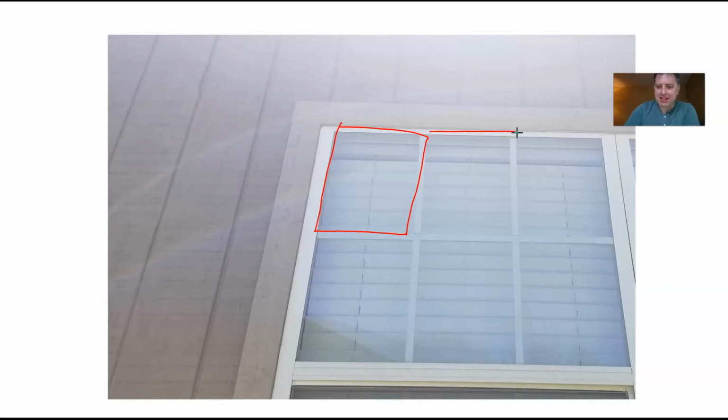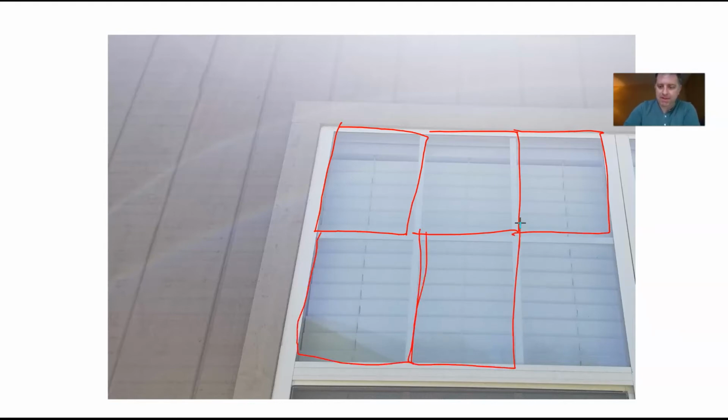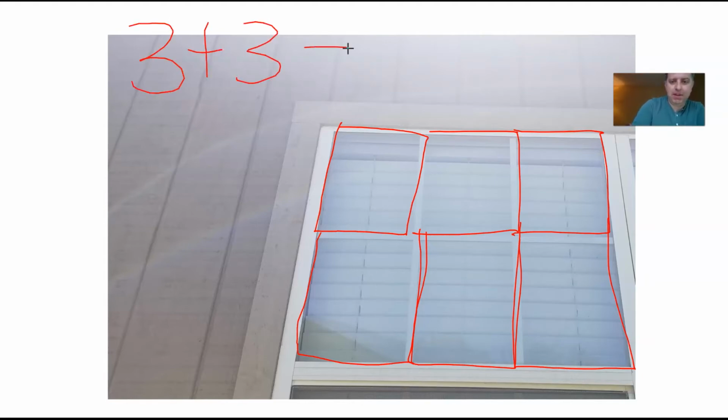And I see 3 rectangles all together in this row, and 3 in this row, right? And together that makes 6. I can write a number sentence. 3 plus 3 equals 6.